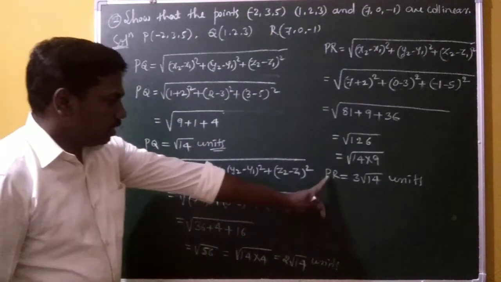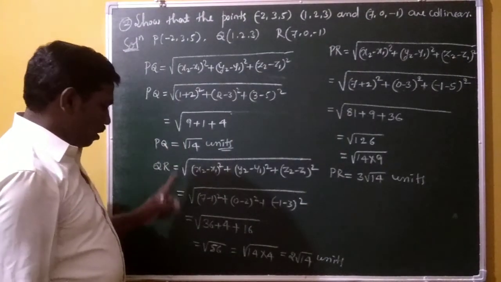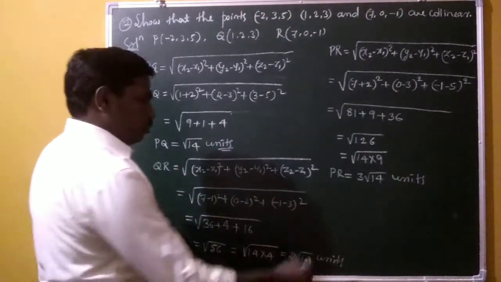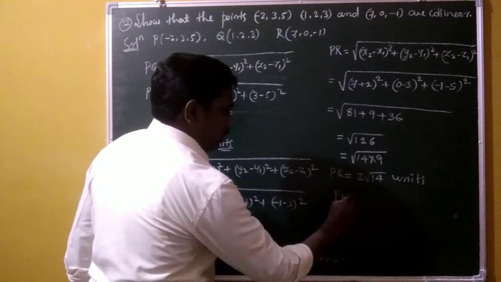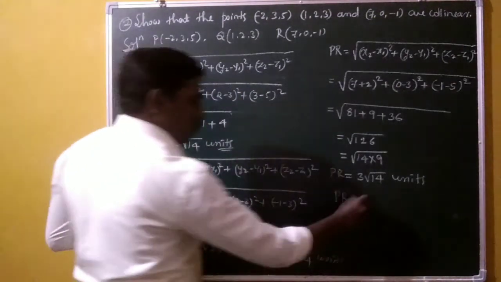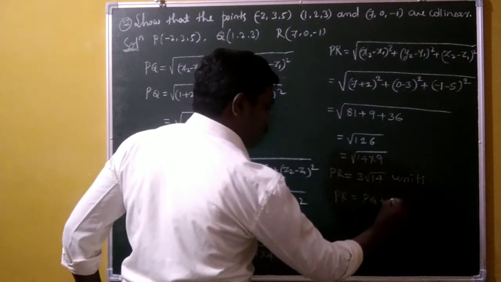The distance PR, that is, PQ plus QR is equal to what? PR. So what can we write? PR is equal to PQ plus QR.